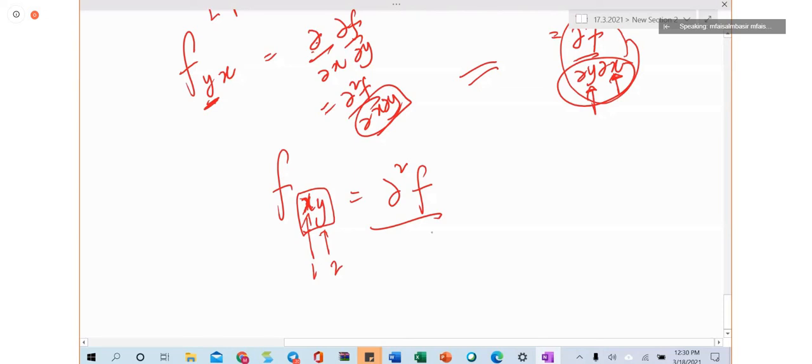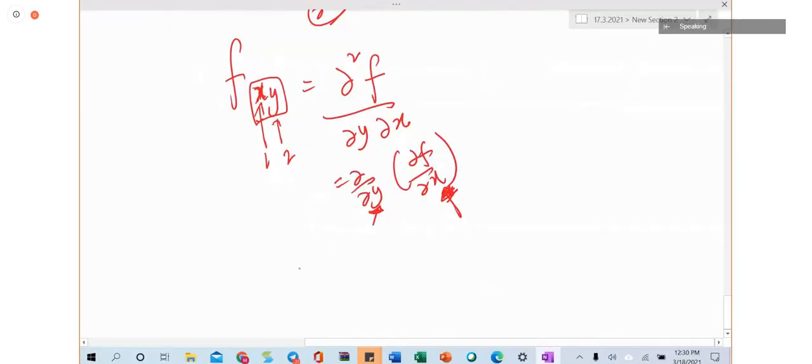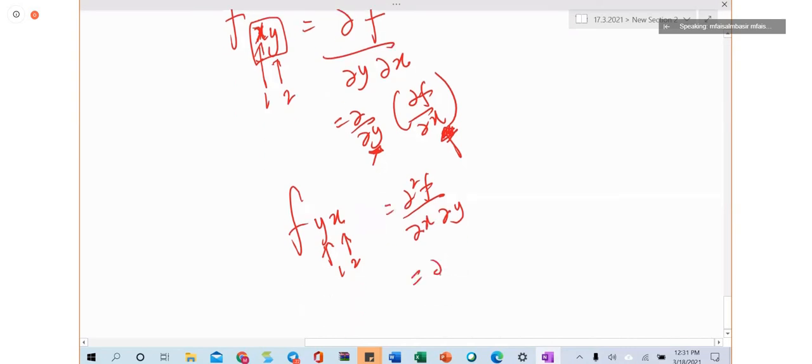So if you differentiate this, you have to put it at the right hand side, because you will solve for this first, and then you can solve this. Same for Fyx, you will solve for y first and then x, which means this is del squared f, del, that will be y, and which means I can write like this.